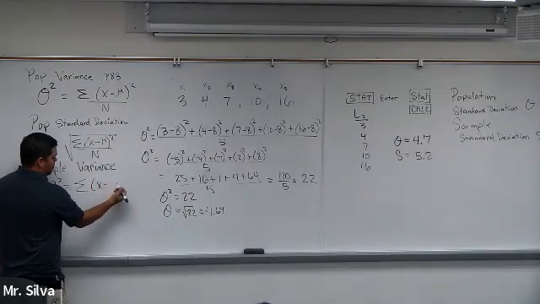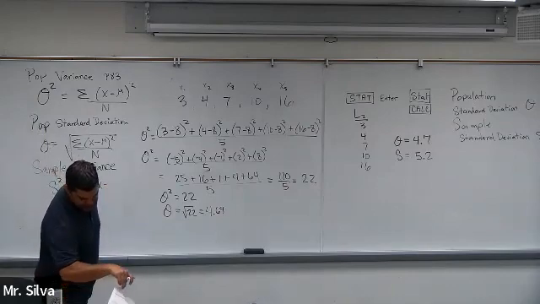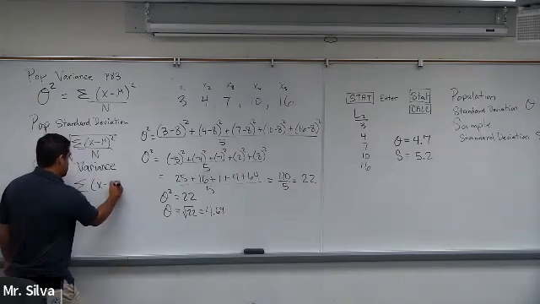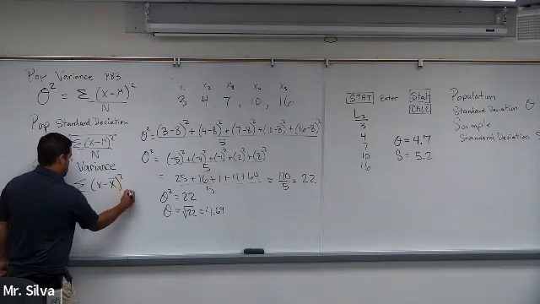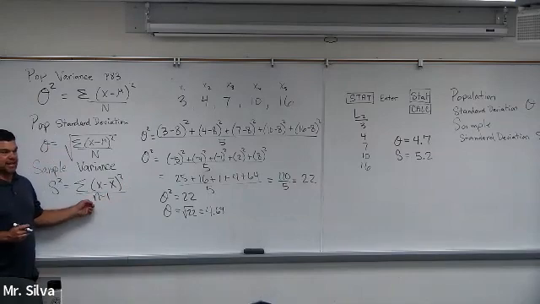And sometimes they'll put a X bar here instead of mu. Let me make sure. Yeah. So we're gonna subtract 1. Instead of dividing by 5, we're gonna divide by 4.